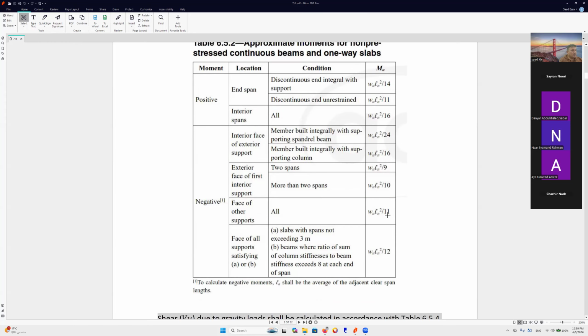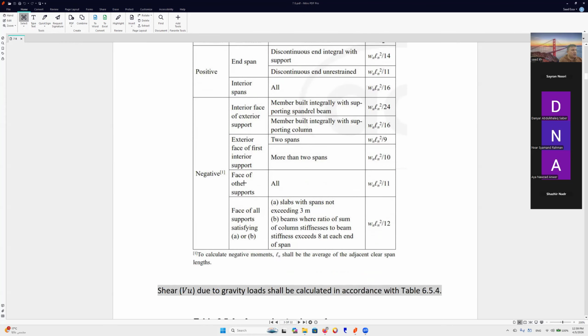Here we have WL squared over 11. So the face of other supports, the face of all supports satisfying slabs with span not exceeding 3 meters, and beams where the ratio of sum of column stiffness to beam stiffness exceeds 8 at each end of the span, it will be WL squared over 12.